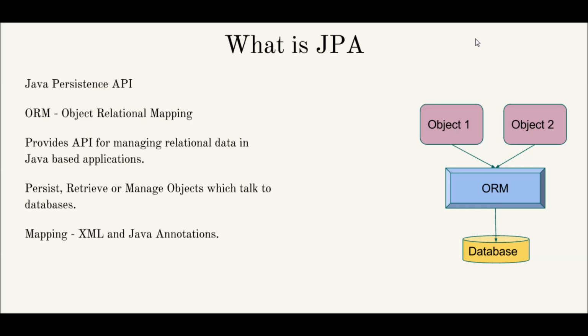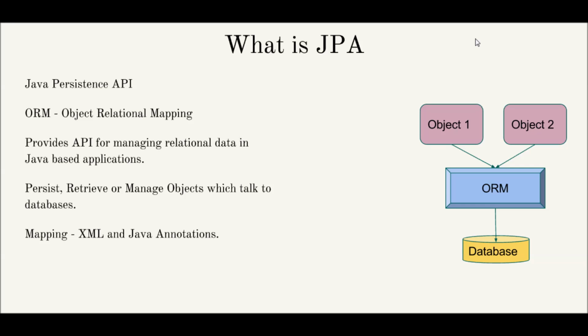So for example, in this picture you can see there are two Java objects which talk to the database. So you might want to convert the instance of a Java object into a table row, or you might want to retrieve a row from a database table and map it to a Java object.